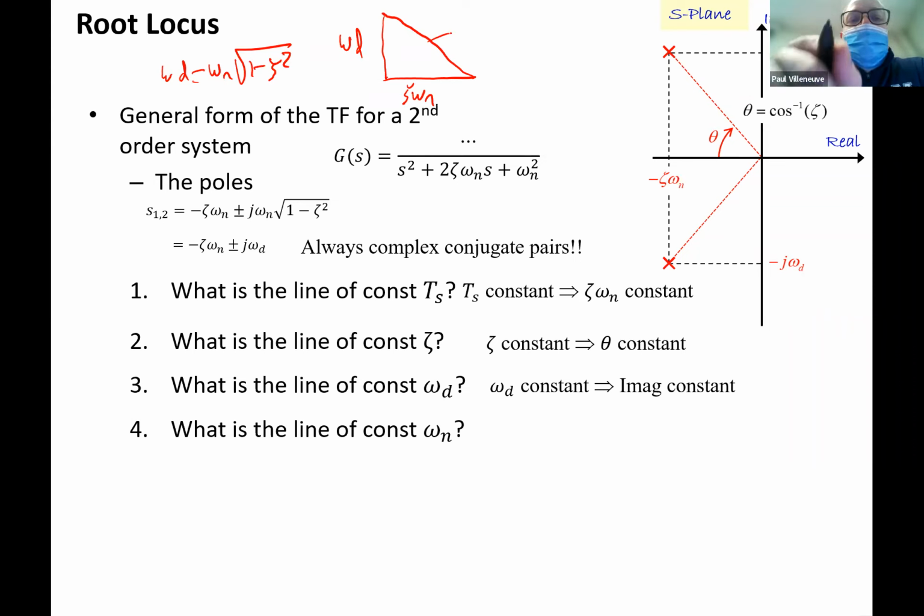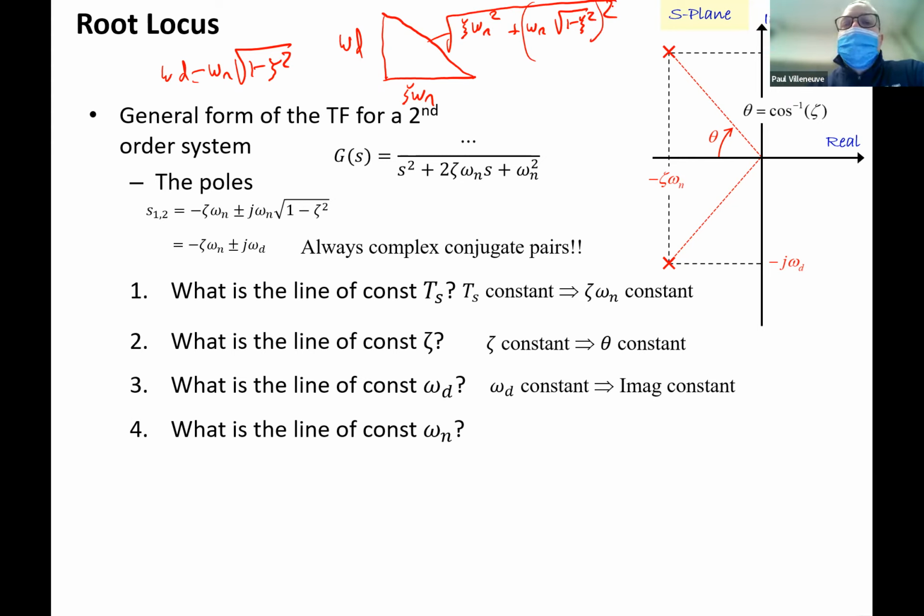So that hypotenuse is going to be the square root of zeta omega sub n, that term squared, plus this term squared, omega sub n times the square root of 1 minus zeta squared, that whole thing squared.